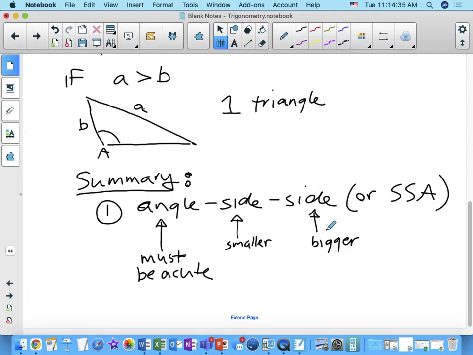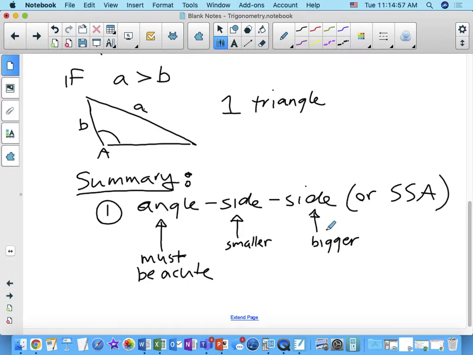One of the hardest things to do is to diagnose the question. Here's a triangle, especially when they're not giving you a diagram and you just have angles and sides in a triangle, and you have to draw it or determine how many possible triangles there could be.